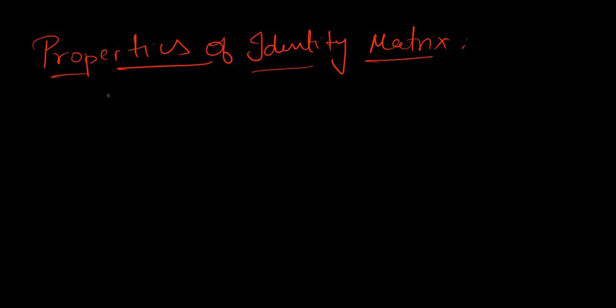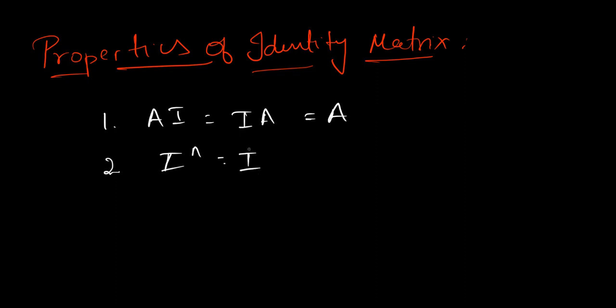The properties are said to be: if we multiply A into I, if I is the identity matrix, it equals I into A, which is equivalent to A. Going to the second one, I power n is going to be I. That means if we take the identity matrix and raise it to the power 5 or 6 or 7 or 8, anything, it is going to be 1 0 0, 0 1 0, 0 0 1.